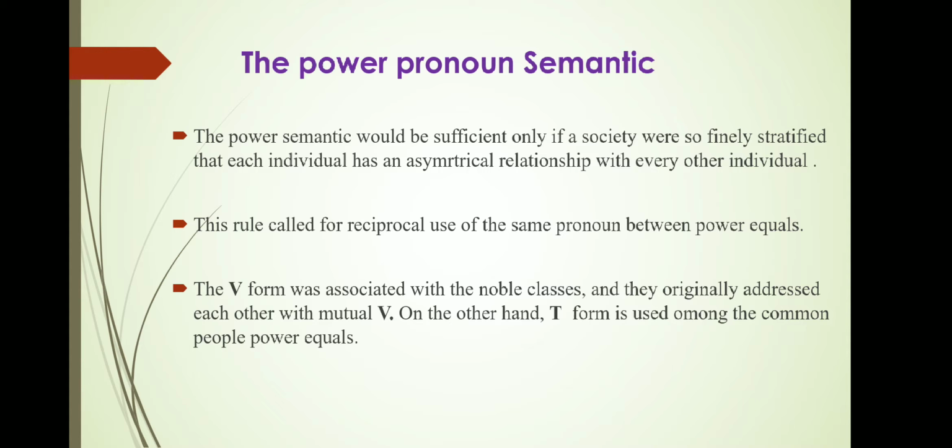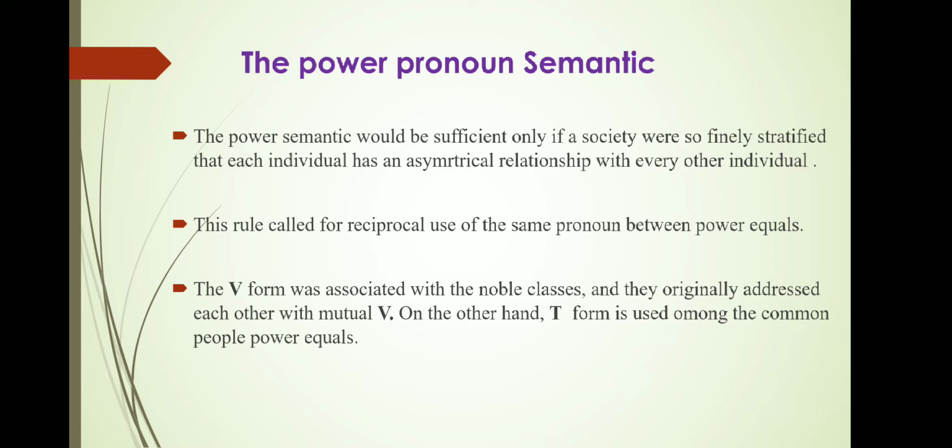This power semantic would be sufficient only if a society were so finely stratified that each individual has an asymmetrical relationship with every other individual, which means that there were no power equals, right? And since this was never the case, at least in Europe, a residual rule for power equals was necessary.